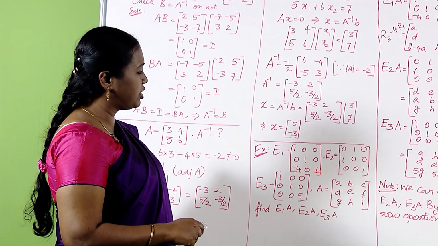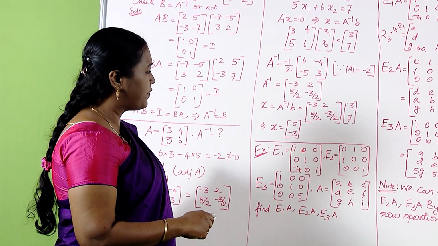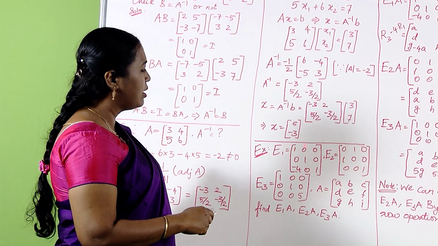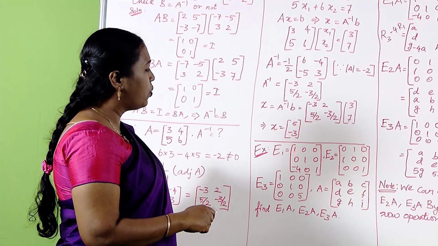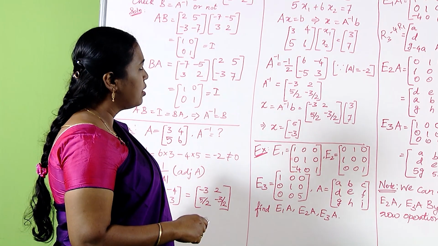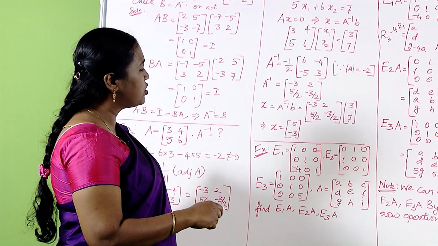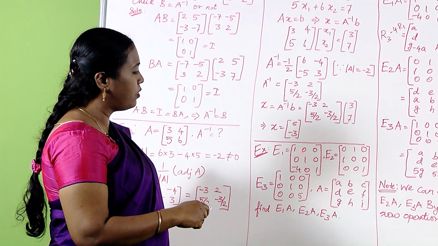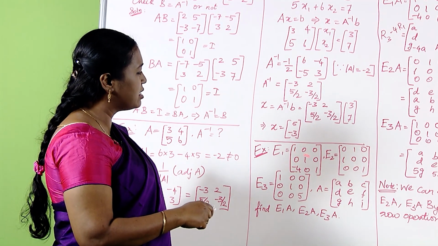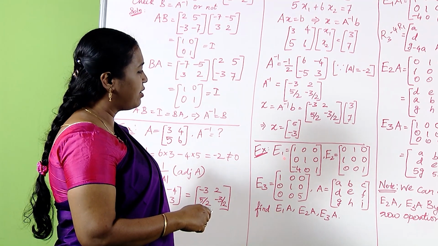By what operation, you might wonder? You take the first row, that is R1, multiply by minus 4 and add it to the last row. So, the last row minus 4 into R1 will give you this elementary matrix E1.